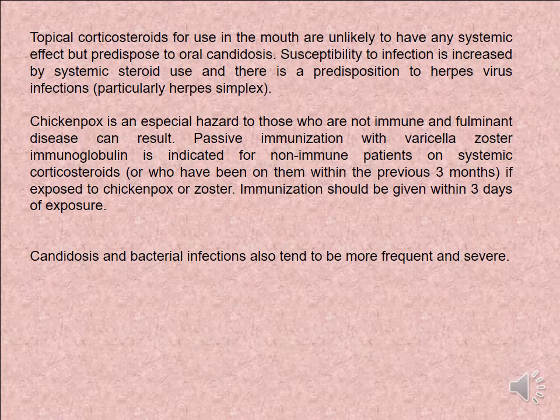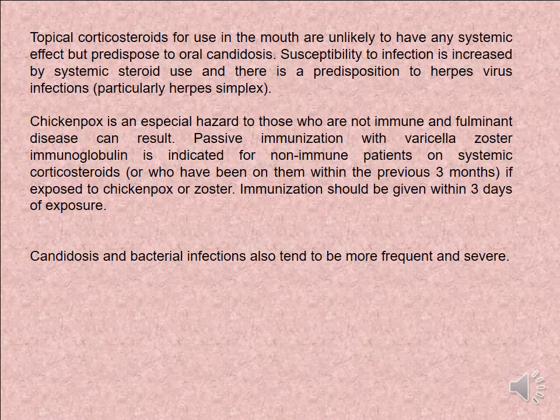Topical corticosteroids for use in the mouth are unlikely to have any systemic effect but predispose to oral candidosis. Susceptibility to infection is increased by systemic steroid use, and there is a predisposition to herpesvirus infection, particularly herpes simplex. Chickenpox is a special hazard to those who are not immune, and fulminant disease can result.